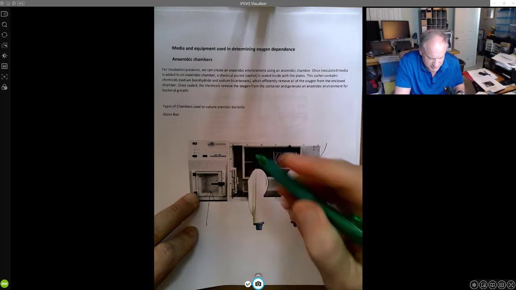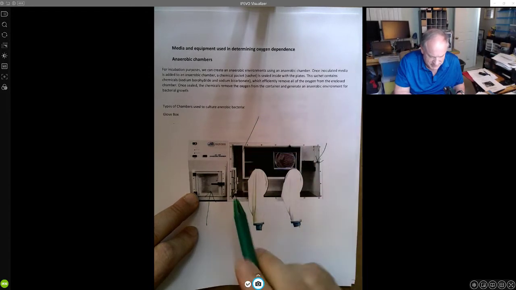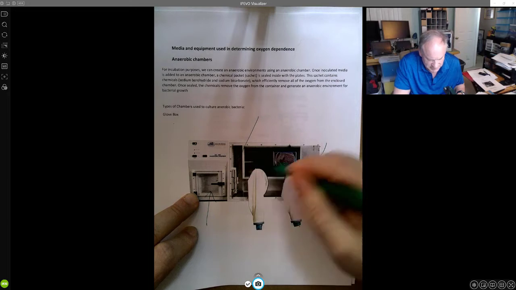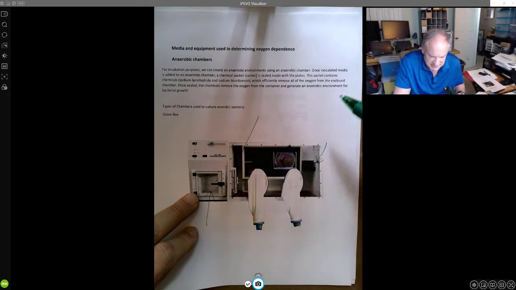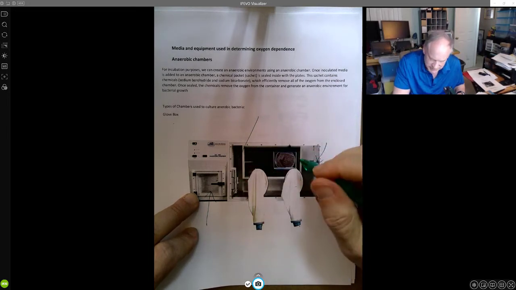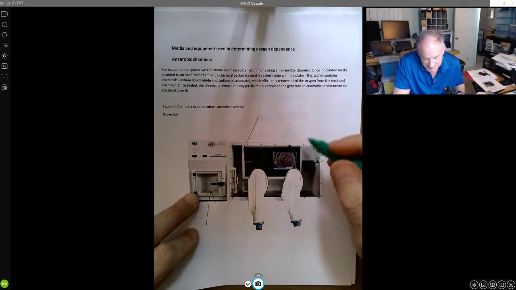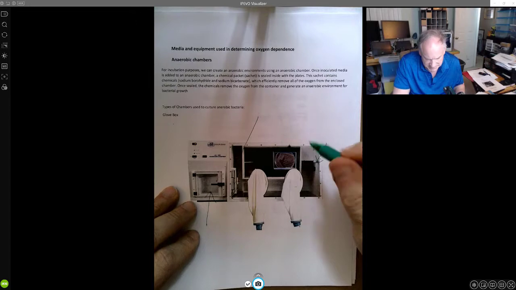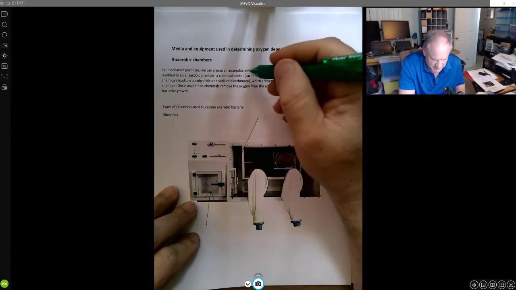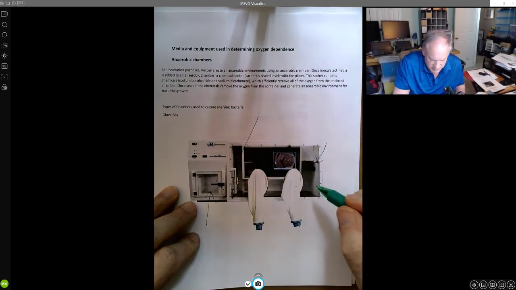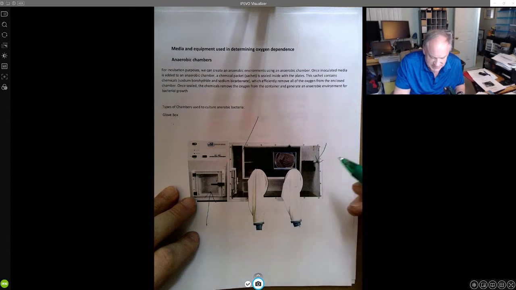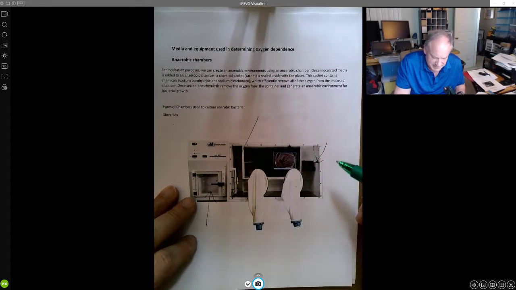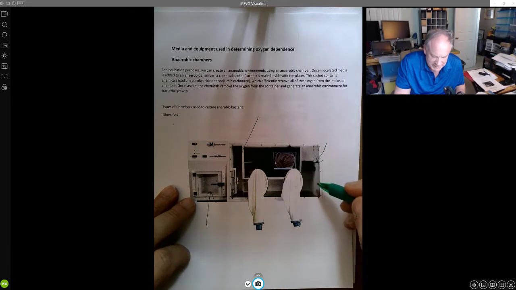And then you can open the door on the inside, this part right there, get inside using your gloves in the glove box to open this up, and you'll transfer it. If you don't do it this way, let me tell you what happens. It kills everything. Exposure to oxygen with these types of anaerobes, they get exposed to the air, they're dead. And that's unfortunately happened.